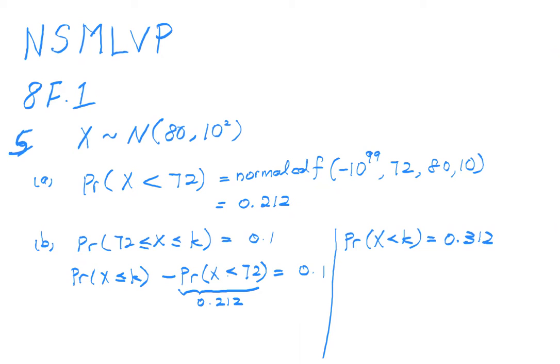So now, you want to find the value of this, correct? So you have to know that you have to use inverse norm. So inverse norm, when you have less than, means left. Correct? More than is right. So you key in the area, the mean, the standard deviation, and you select left.